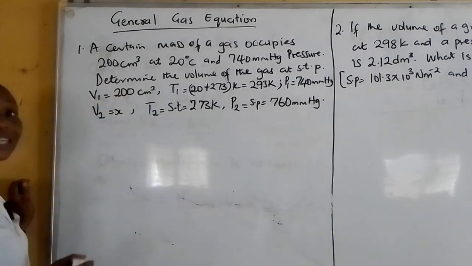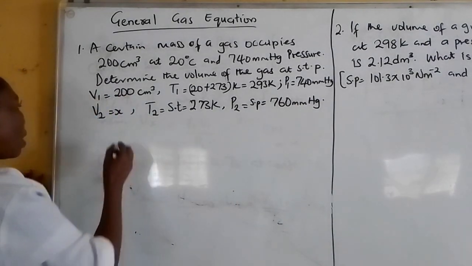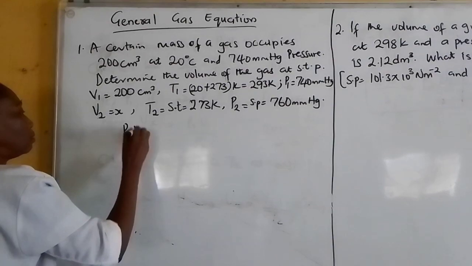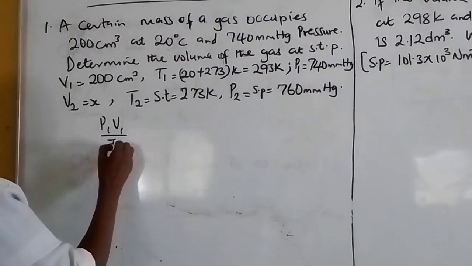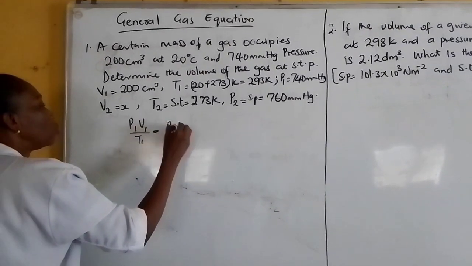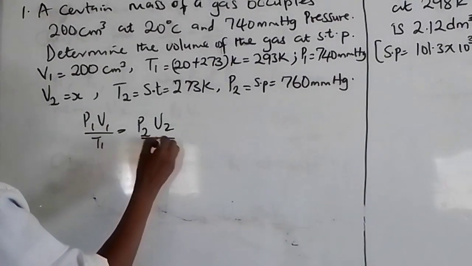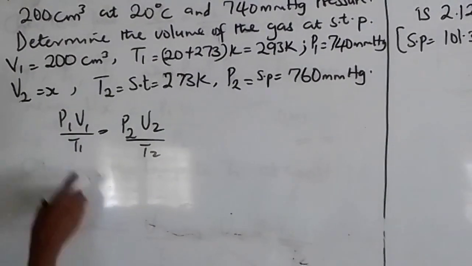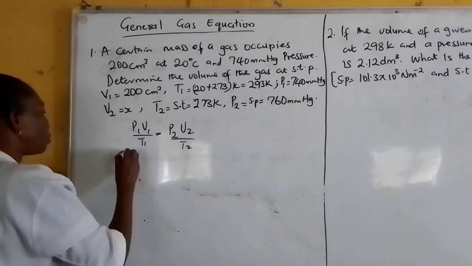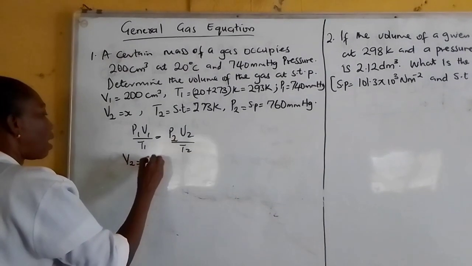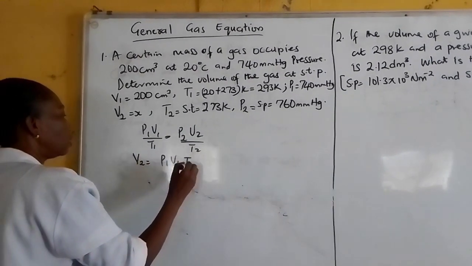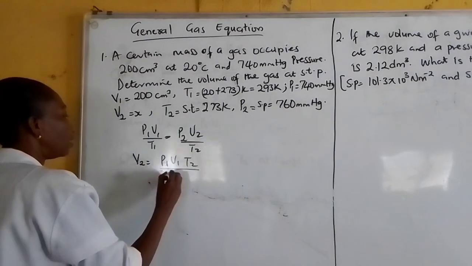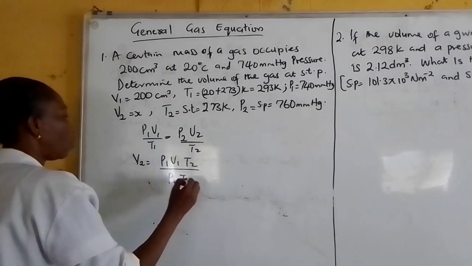So applying the general gas equation, P1 V1 over T1 is equal to P2 V2 over T2. Making V2 the subject of the formula, we have P1 V1 T2 divided by P2 T1.